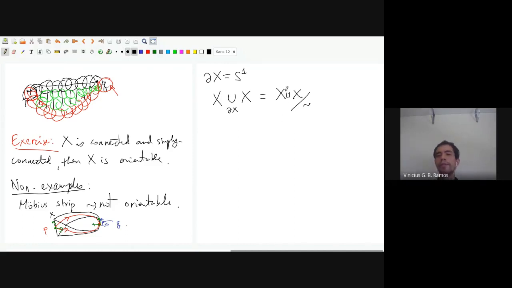You just glue the boundary. So you take the points here, they're on the boundary, and you glue them to the points here, which are also on the boundary. I'm not going to write this down, but you take two of the same and glue them together. And the point is when you do that, you get something called the Klein bottle.